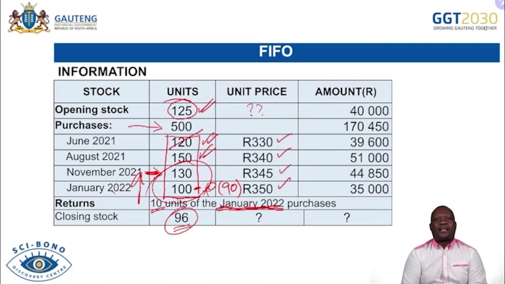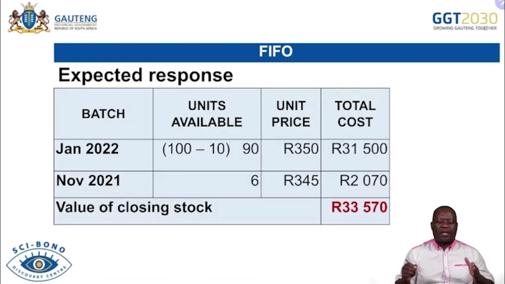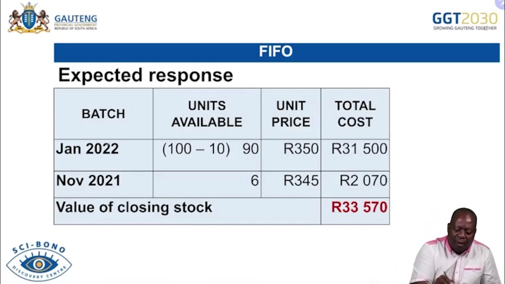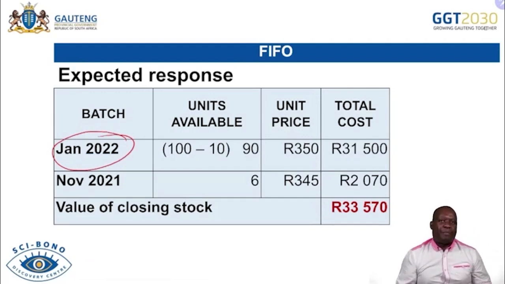Let's hope it's making sense. Let's hope something is being taken out of this. Now, please take note. Let's take into account what the response is going to look like. Let's start with our latest batch. The January 2022 batch is our latest batch, right? How many units are in that batch?